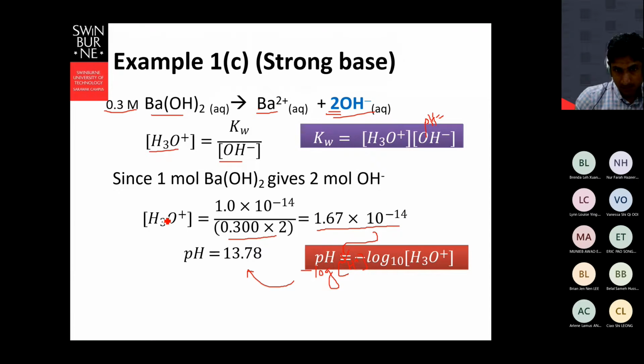Let me check this question as well. 10 power negative 14 over... It should be 0.03.